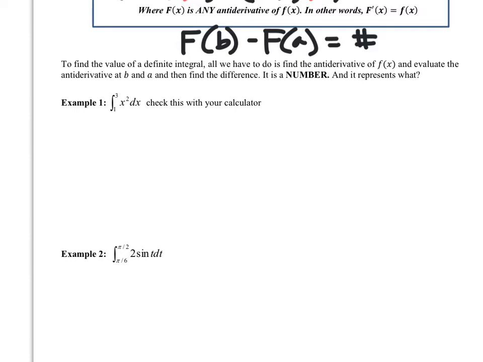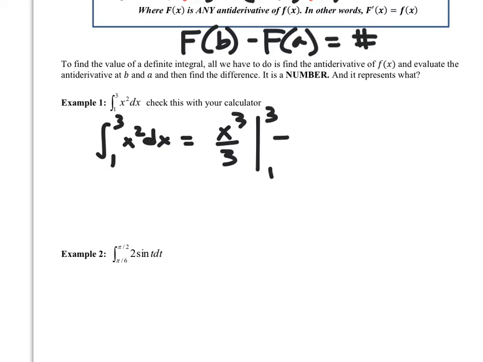I can ignore the constant, that c value, and then I'm going to evaluate it from 1 to 3. So the integral from 1 to 3 of x squared dx will be x cubed over 3 evaluated. Okay, that's our antiderivative evaluated from 1 to 3. So I'll just plug a 3 in. 3 cubed is 27.